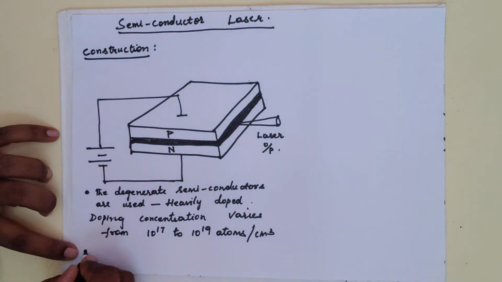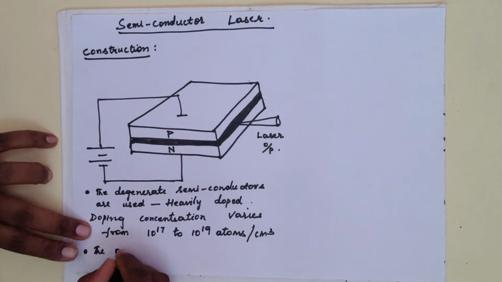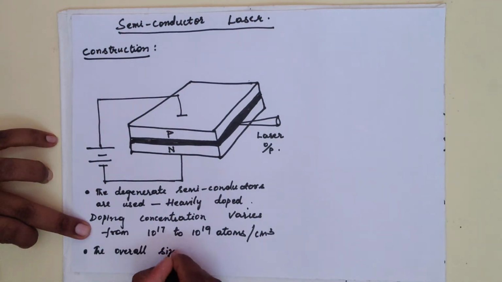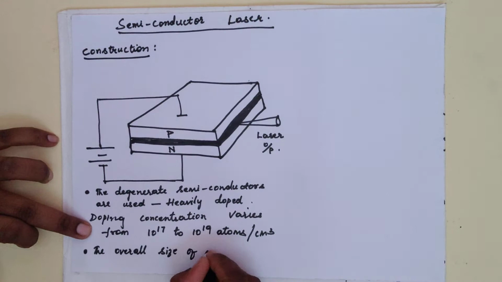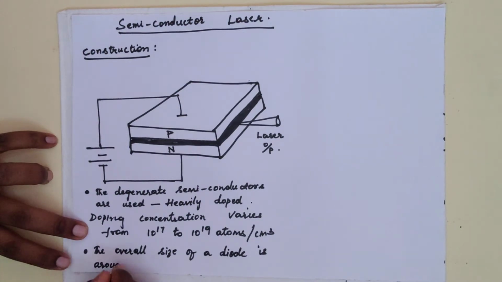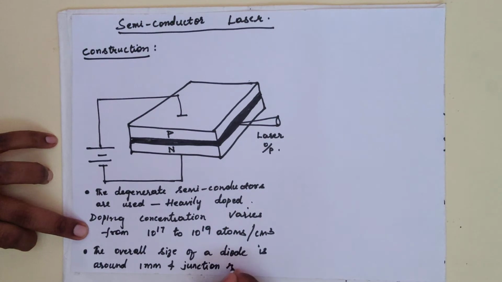Second, we'll see the dimension, the overall size of a diode. The overall size of a diode is around 1 millimeter, and the junction region is 1 micrometer.